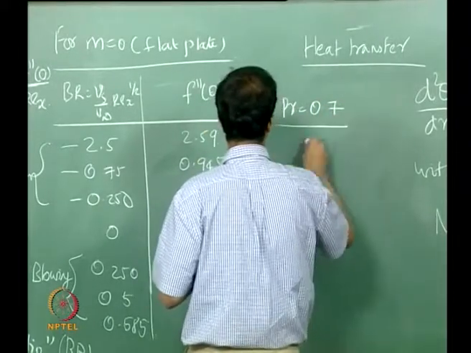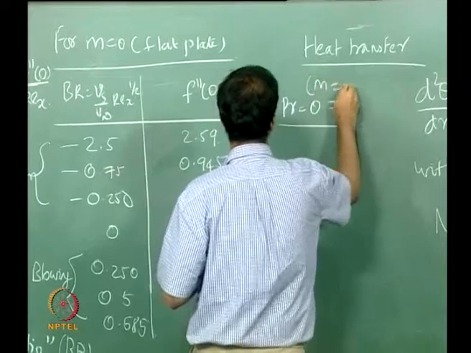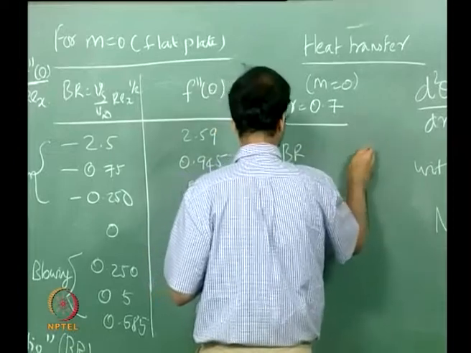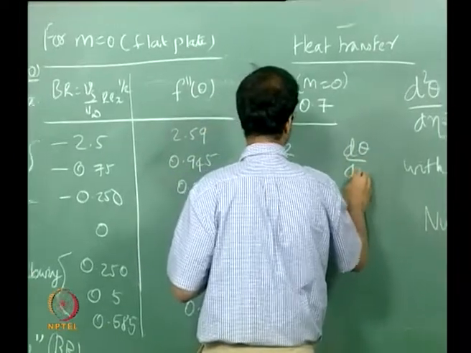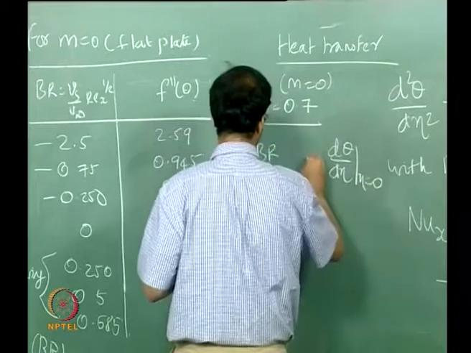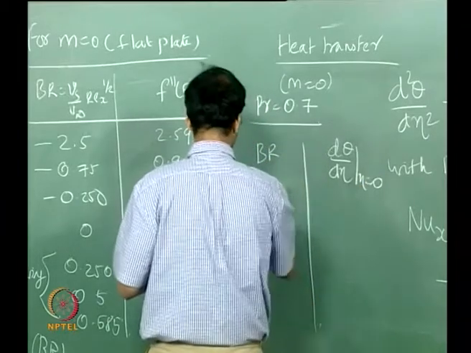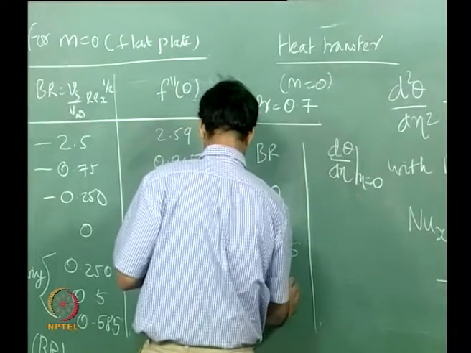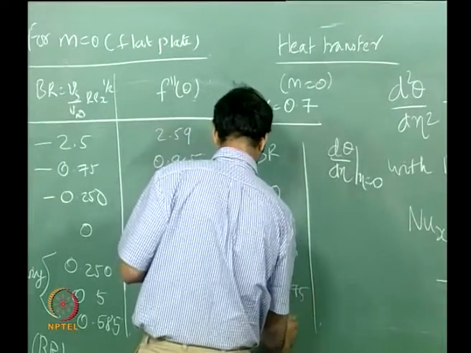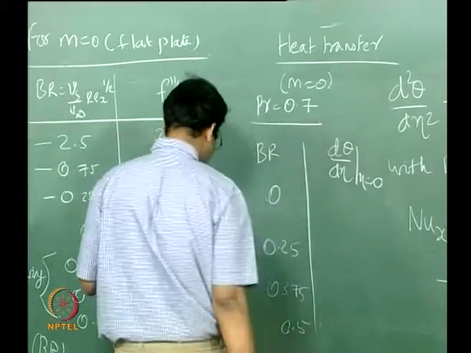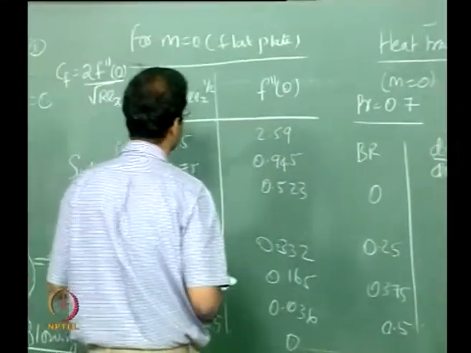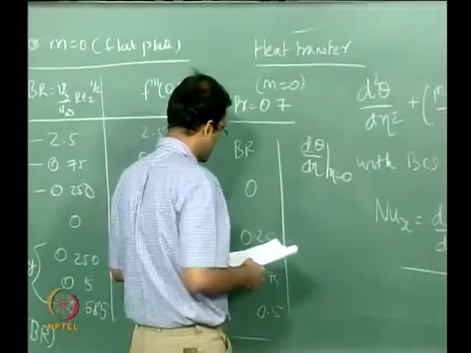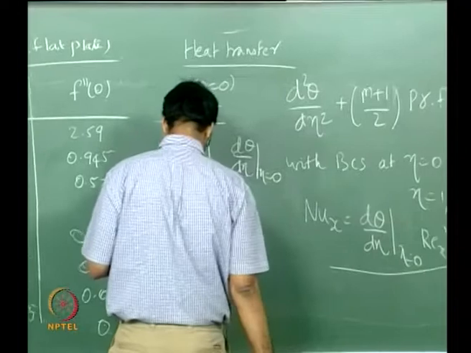So Prandtl number equal to 0.7 and also m equal to 0. So for this case, blowing ratio versus d theta by d eta at eta equal to 0. So 0, this is only for blowing, not for suction, 0.375, 0.5. So once again, just like your velocity gradient keeps reducing, your temperature gradient also has to keep reducing.